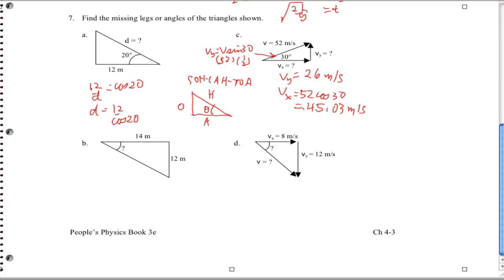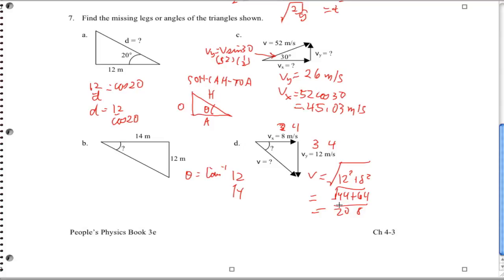So here's the deal. We're going to have to flip this in our minds. What we realize is that theta is going to be the inverse tangent of 12 over 14, which I'm not even going to bother to get. And then here, V is going to be 12 squared plus 8 squared. This has a length of 2 times 4, and this ends up being 3 times 4, so not very helpful. 144 plus 64, so it's going to be the square root of 208.